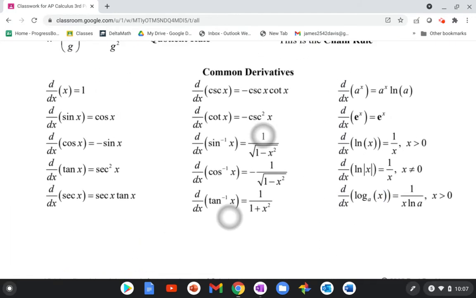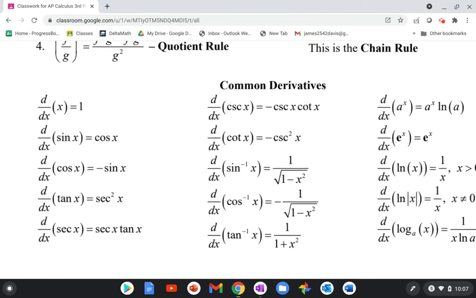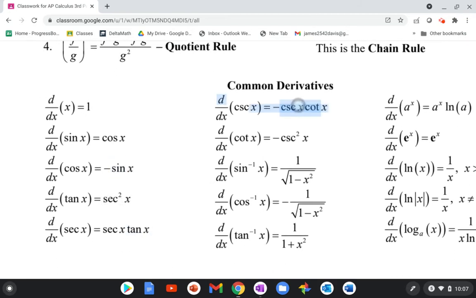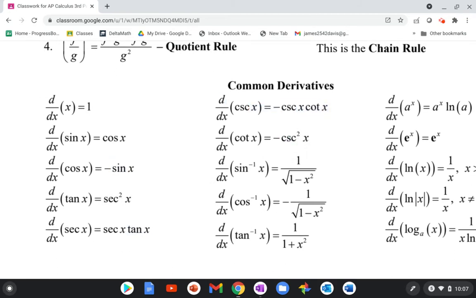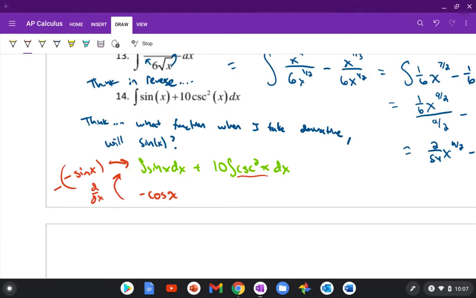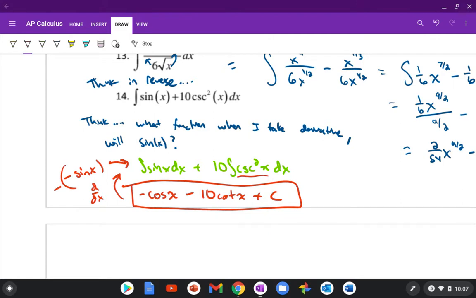So you're going to be looking at this right side of the column over here, and there you do see a cosecant squared. The derivative of cotangent is minus cosecant squared. Now we just want cosecant squared, so all we have to do is throw a negative in front of there. But this is actually going to be minus 10 cotangent x plus c. And that is actually going to be our answer.